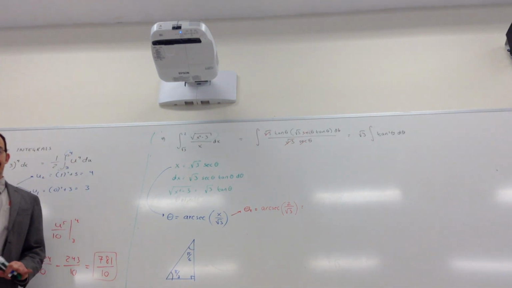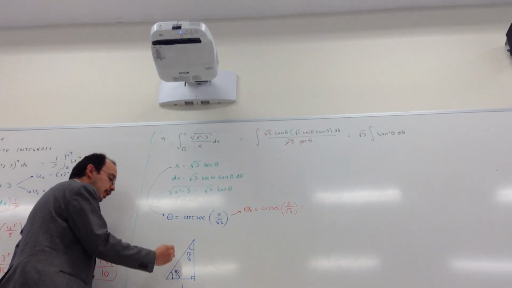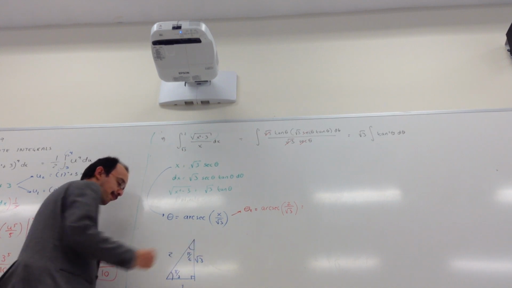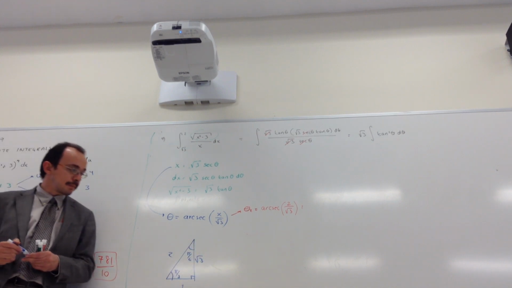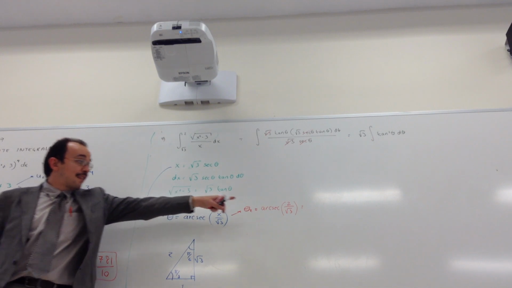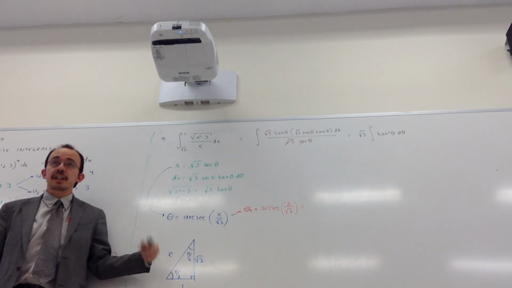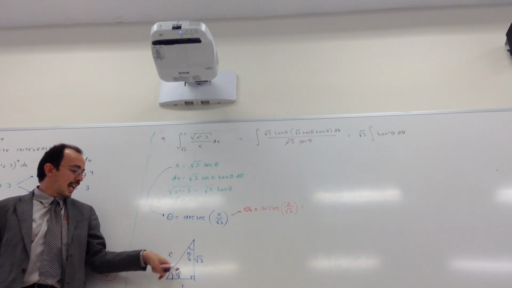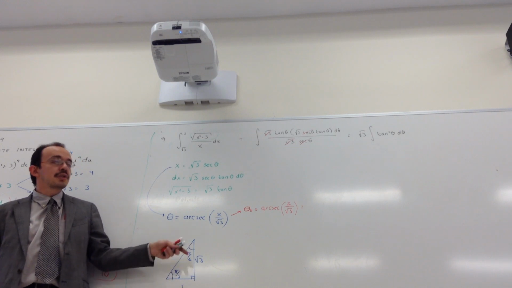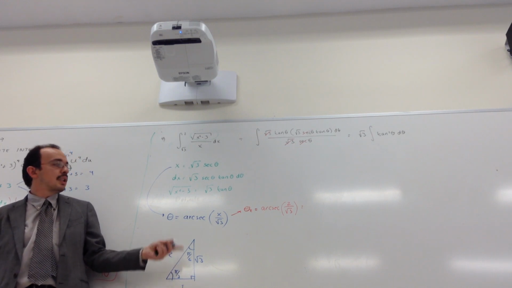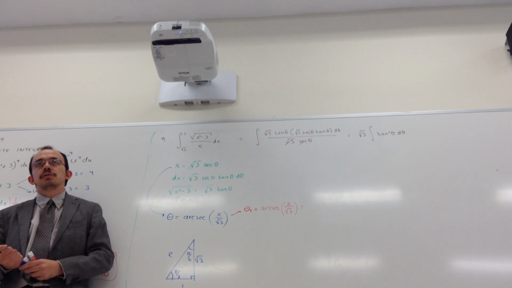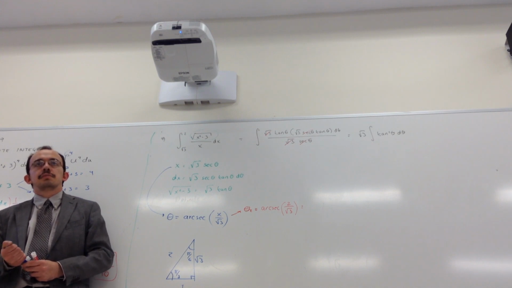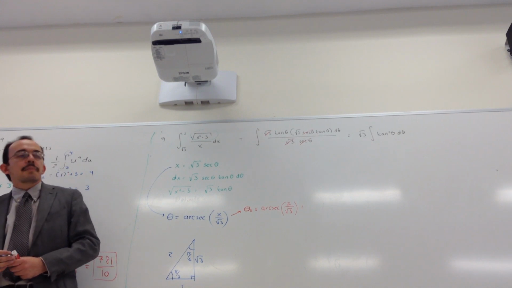The triangle again. Okay? This is 1, this is 2, this is square root of 3. Because of the values that we have using this triangle, from this angle and this one, which of those two angles has a secant of 2 over square root of 3? 5 over 6.